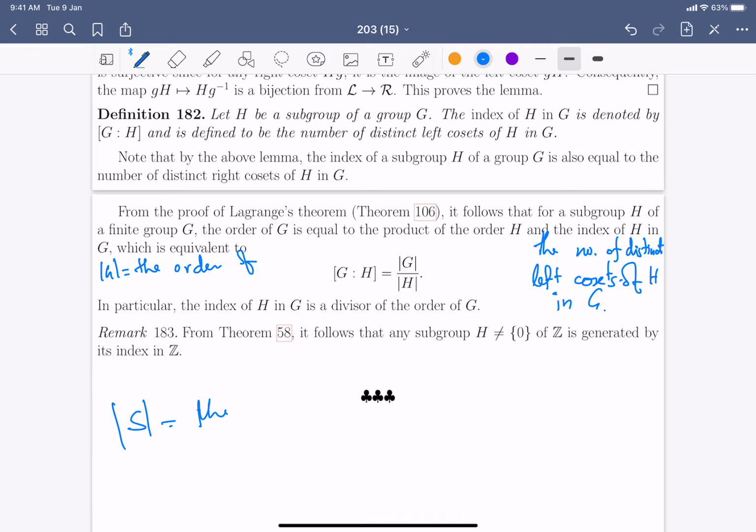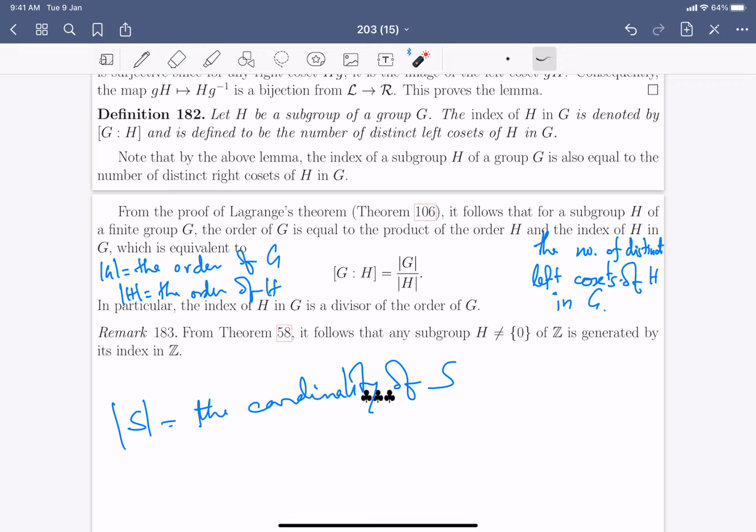So if you start with a group G, then its cardinality is by definition its order. So the order of a group G is the cardinality of G. Here, by this notation, this denotes the order of G, and similarly this denotes the order of H.